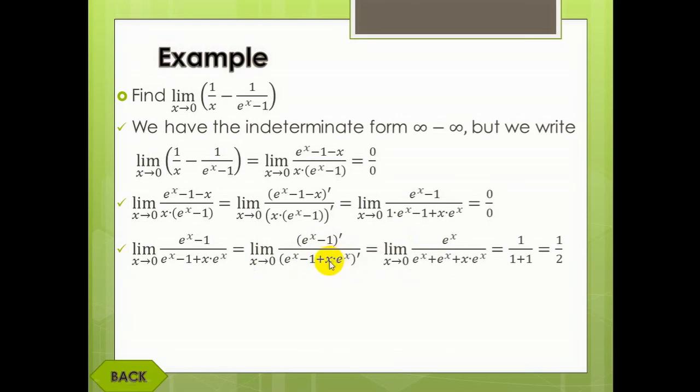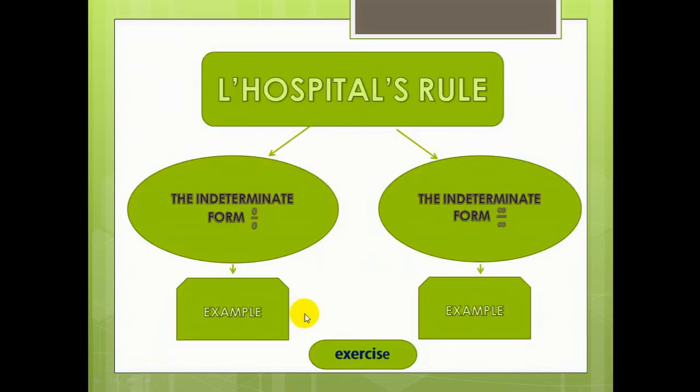So the derivative is 1 times e^x plus x times the derivative of e^x, which is itself. Then when we substitute x approaching 0, we get 1 over 1 plus 1, which equals 1/2. So that's it, everyone, about L'Hospital's rule.